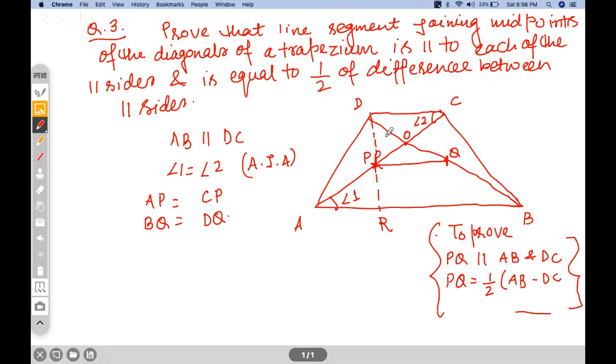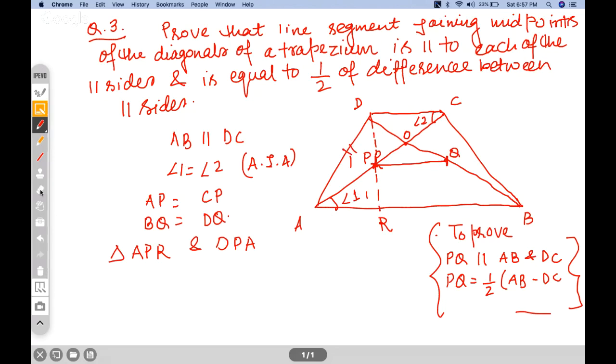So how will you prove DP is equal to PR? For that, you have to take triangle APR and triangle DPA. How will I prove it here? Or you can do one more thing, because here it is not possible to prove these two lines.